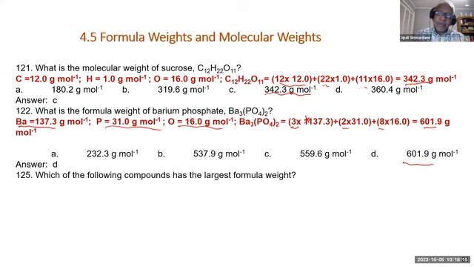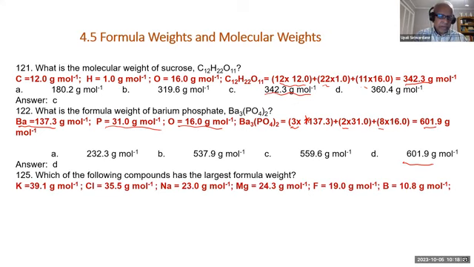Which of the following compounds has the largest formula weight? You look up these compounds. You look for the potassium, there are chlorines, the molar mass or atomic mass of potassium, sodium, magnesium, fluoride, and boron. I listed these masses from the periodic table.